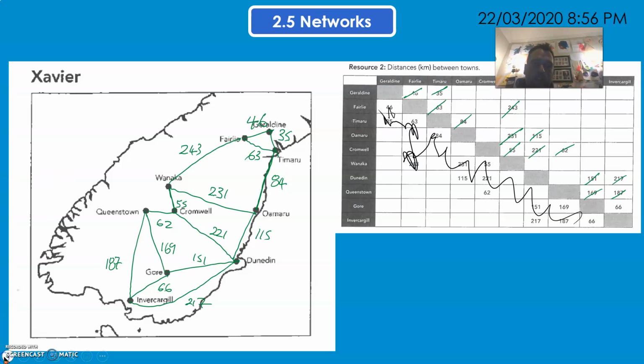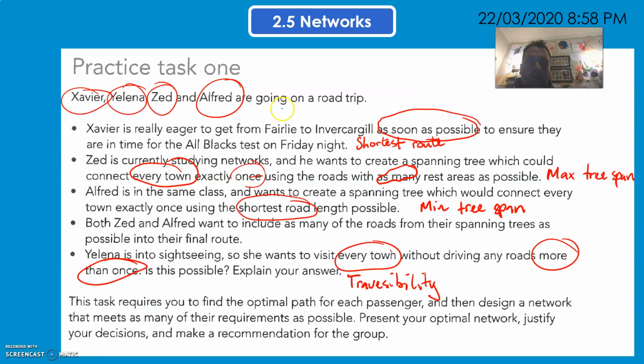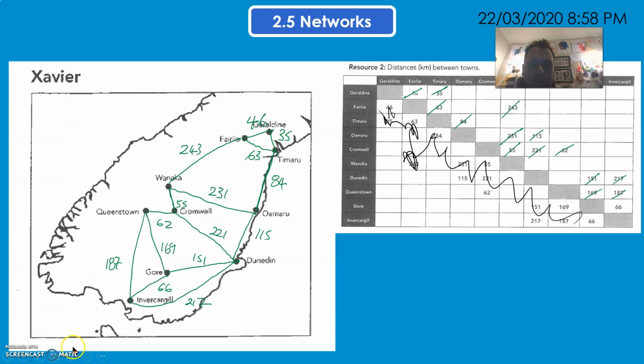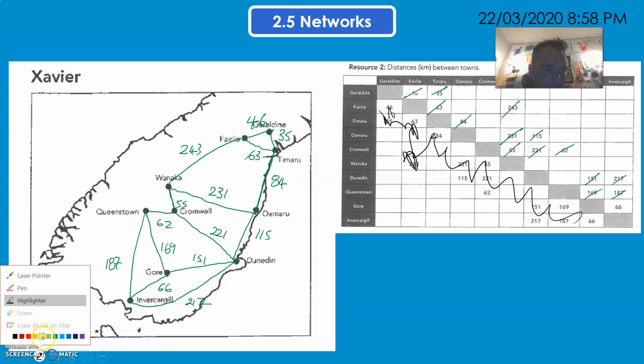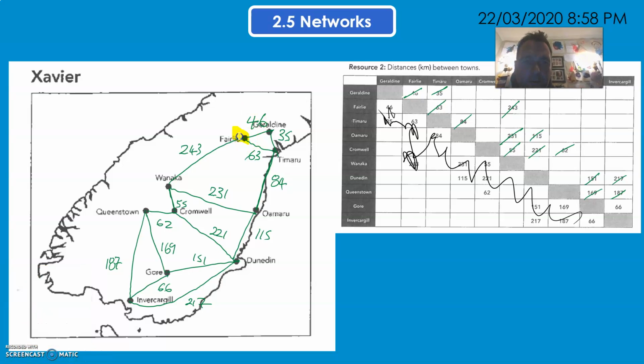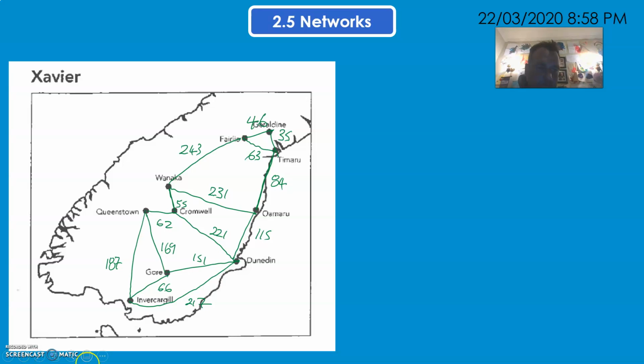Actually, I've forgotten what it is. Shortest path from Fairlie to Invercargill. It's always best to go back and check. Yeah, so we want to go from Fairlie to Invercargill.